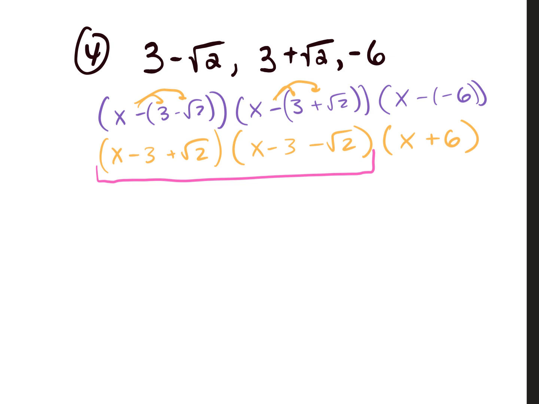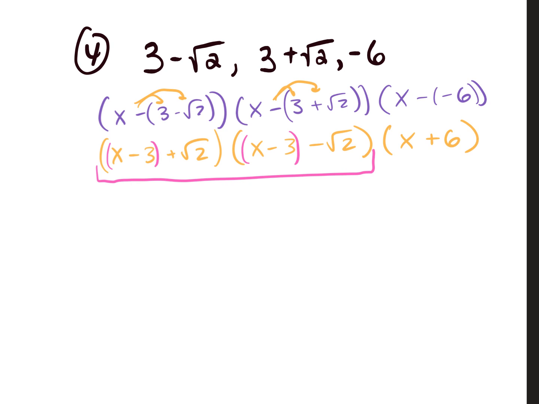I'm going to show you the shortcut. I would normally do the long way and the shortcut, but just for the sake of time. My first term here, I'm going to say is x minus 3, because it's the same thing in both of these.